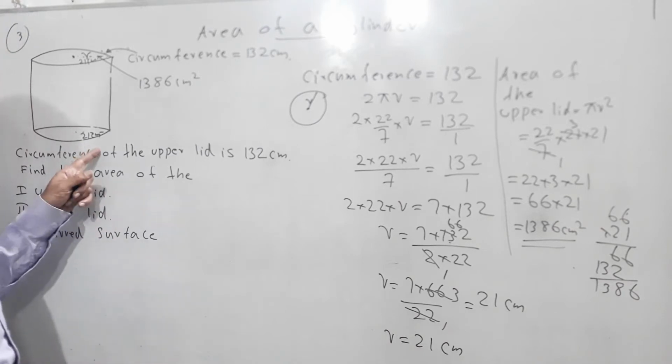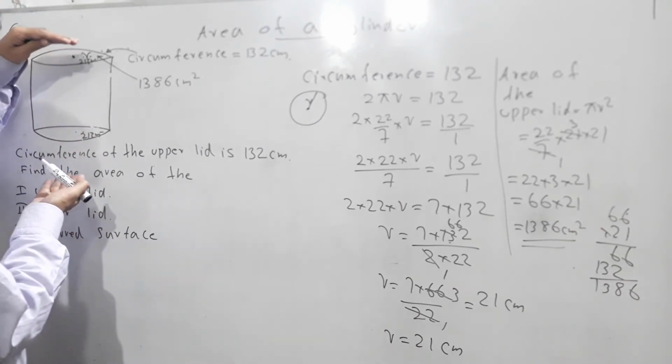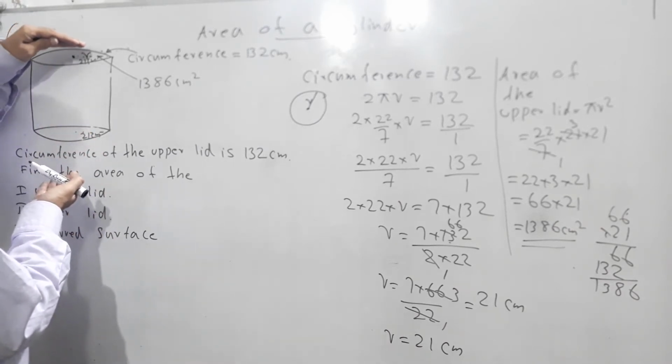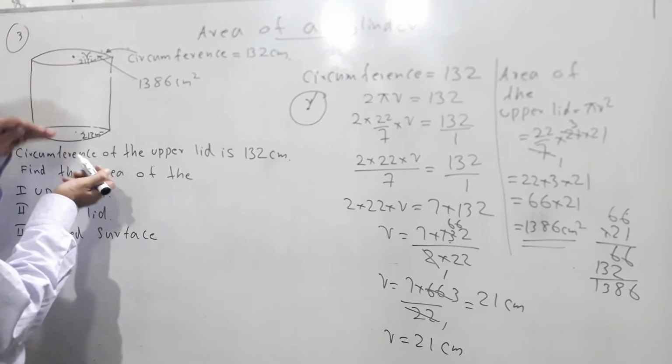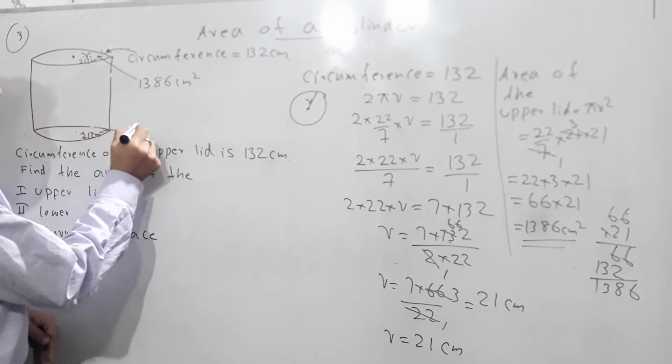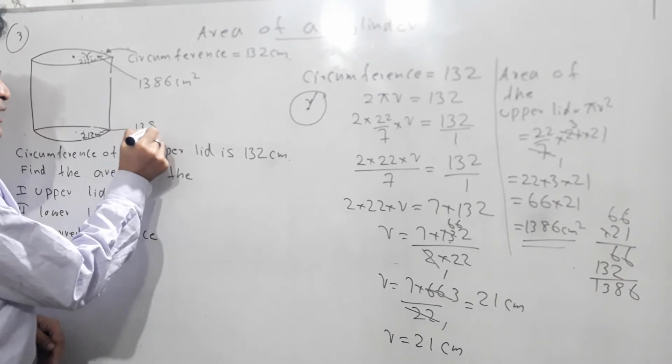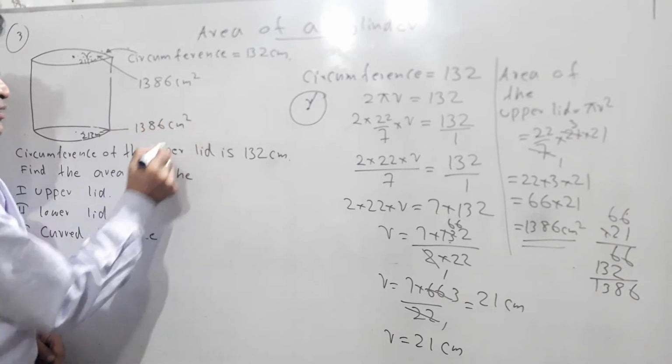Then what is the area of the lower lid? That also the same because in the cylinder, uniform cylinder, area of the upper lid and area of the lower lid both are same. So this also 1386 centimeter square.